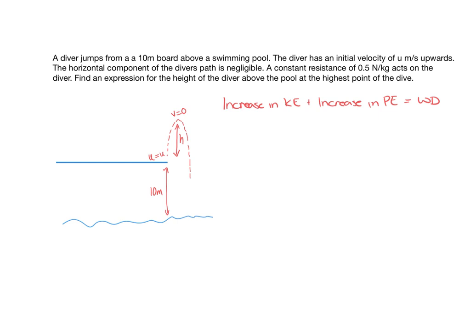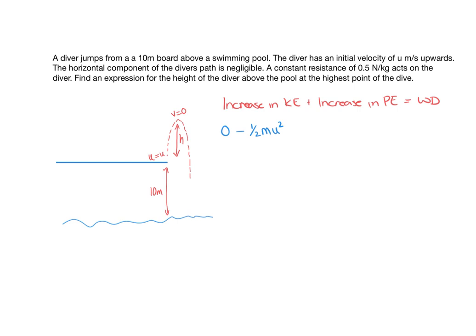And you'll notice because the velocity at the top of that jump is 0, the final kinetic energy is going to be 0. But our initial kinetic energy is going to be a half mv squared, which in this case, we're using u for our velocity there.